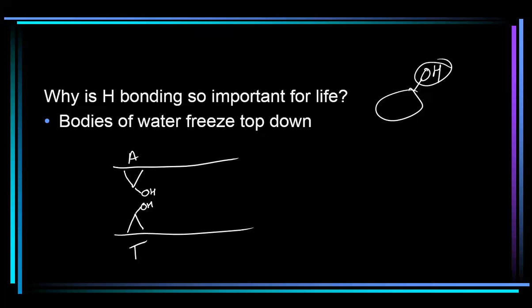Get two OHs close enough, and the O will stick to the H will stick to the other O, hydrogen bonding. Cytosine always stuck to guanine. Why? Because their OHs are oriented in the same direction, and they can hydrogen bond.